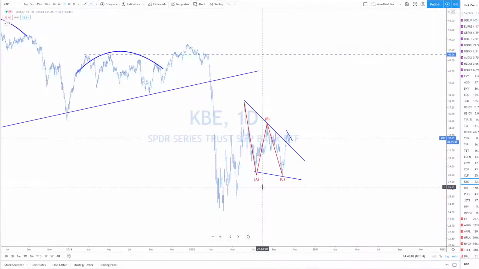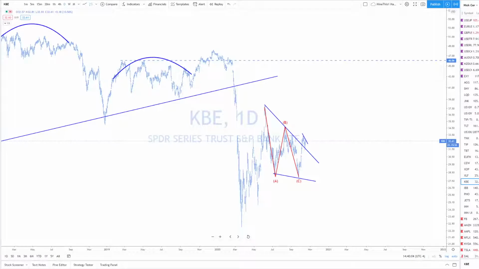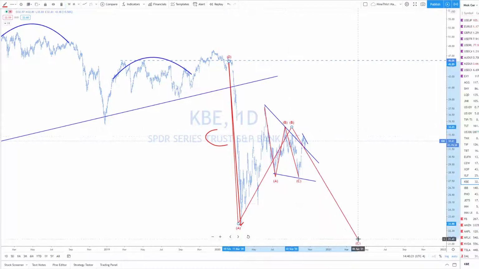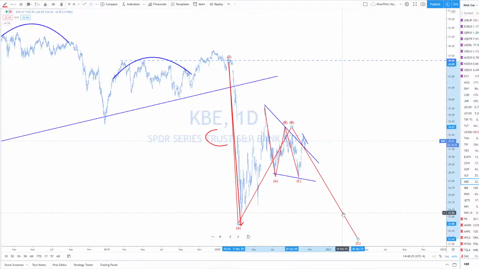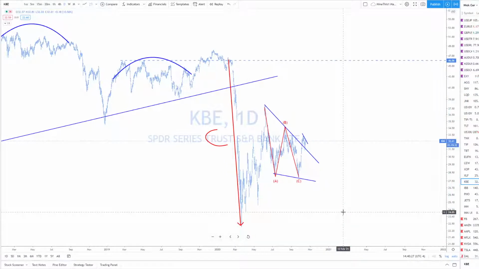Now, what's the compass on this one, right? What's the overall? What's the compass? The compass is down. That's the compass right here. Eventually, this will resolve to the downside. So what we're looking at right now is the 1, 2, 3 down. All right. So that's another clue that we're going into tougher times.